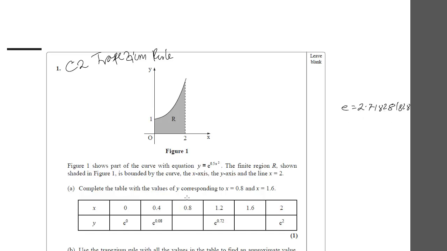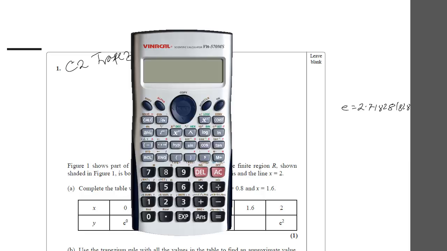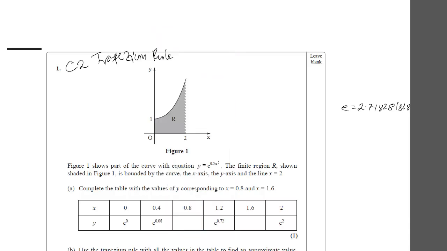That constant is e. So here if x equals 0.8, that means 0.5 into 0.8 squared. So we can just calculate this. That makes it 0.32. So we can write e to the power 0.32.